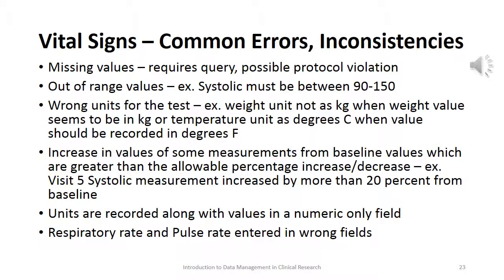We might find that they recorded respiratory rate in the wrong field where they should have recorded pulse rate. Those are 2 that can sometimes get mixed up because, depending on what they are, they might actually be in a normal range in one or the other. So those are some of the things that we're likely to find some inconsistencies with.